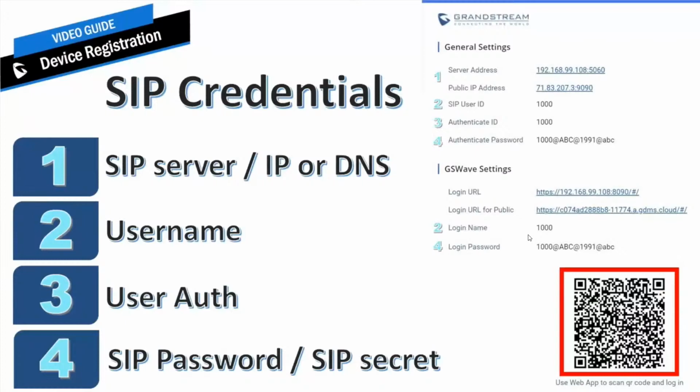So if we have the GS Wave app, you can download it from the App Store or the Google Play Store. We can just scan this QR code and then we can register to the PBX. Ganun lang siya kadali para sa GS Wave app. Yung app sa ating mga smartphone siya ini-install.